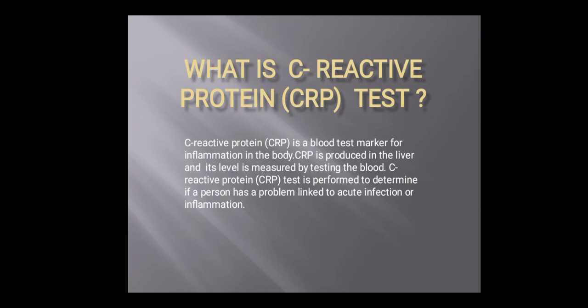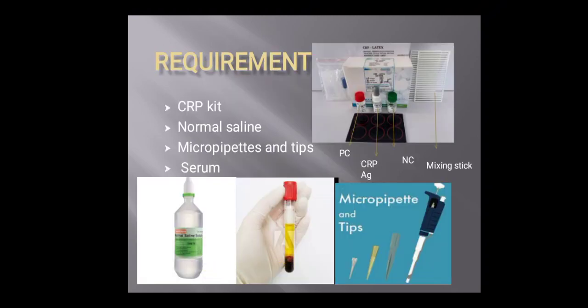The other names for CRP are high sensitivity C-reactive protein, known as HS-CRP, and ultra sensitive C-reactive protein, US-CRP. This CRP is also performed to determine if a person has a problem linked to acute infection or inflammation.